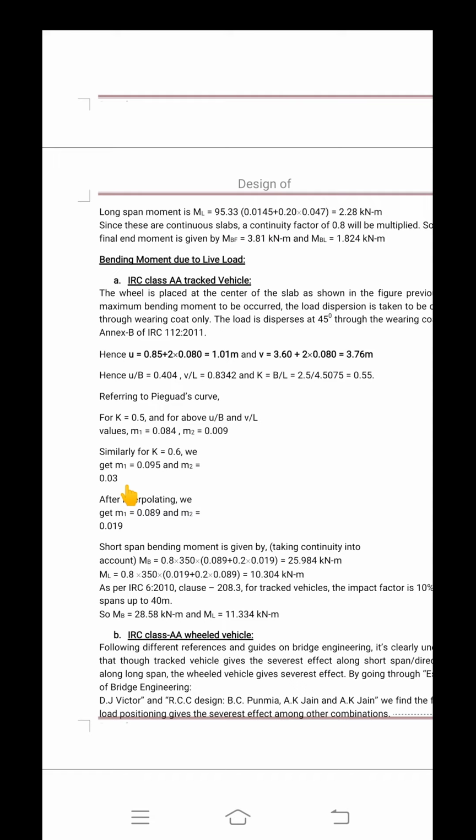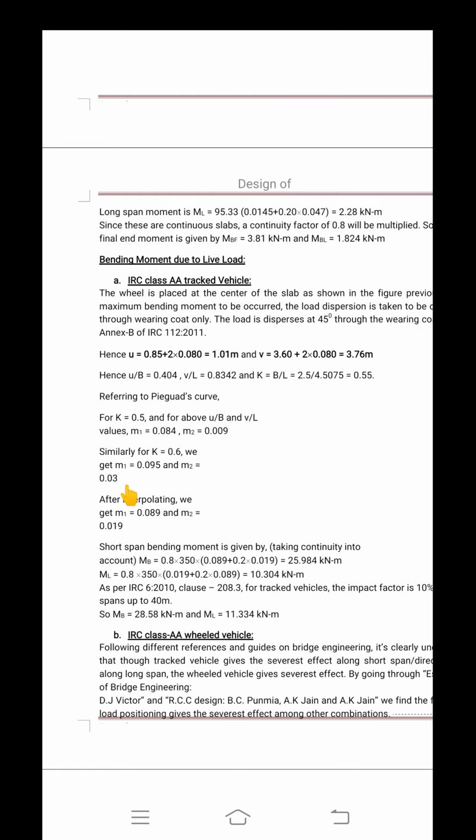And now we need to find the moments. So MB equal to the load. What is the live load which is going to act? The total load of the tracked vehicle is 350 kilonewton from the wheel of that. The slab is continuous, so we need to consider 80% of that load.